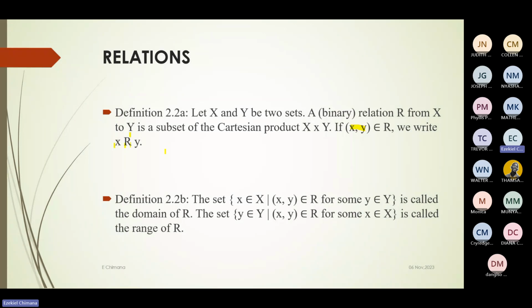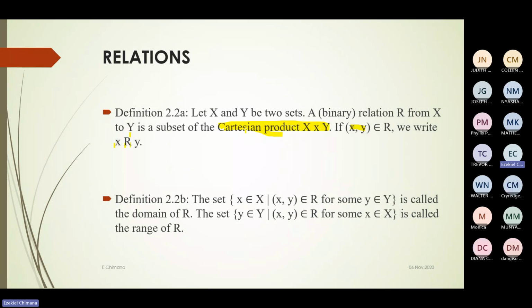I'm sure you have done the Cartesian product. It's not new. In our previous lecture, when we were talking about sets, there was a Cartesian product of sets, set A cross set B. From that cross product, we come up with a list of sets.